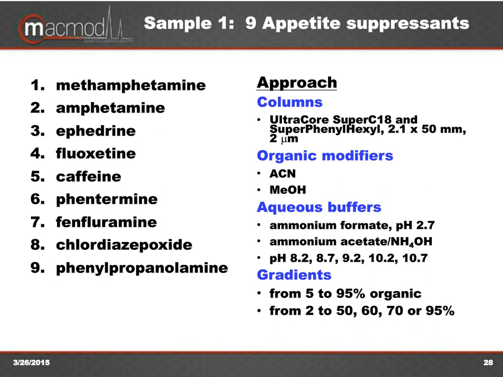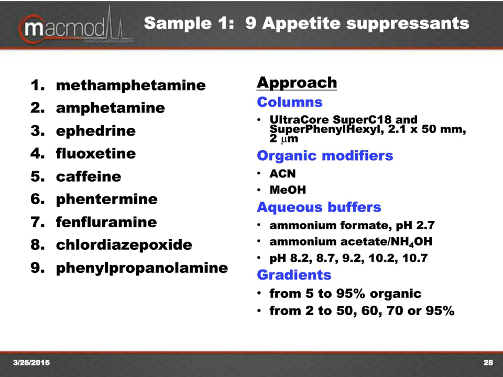For screening gradients, I wanted to work between a fairly low organic and a fairly high organic to make sure that I was seeing all the peaks, because I'd never worked with these samples directly before. As you'll see in some of the slides, I originally started with a gradient from as low as 2% organic going up to 30%, which I quickly found was not adequate except under the very low pH conditions.